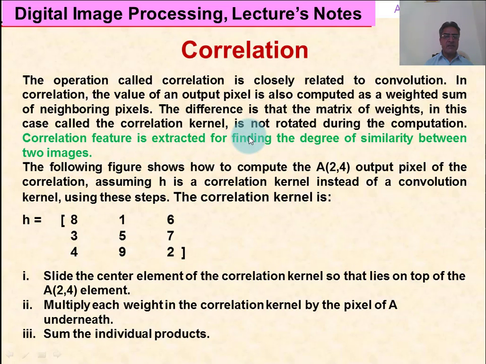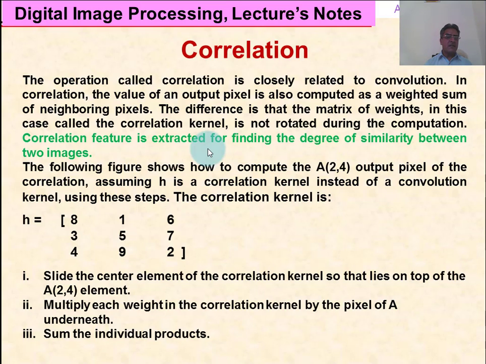Correlation is used for finding the degree of similarity between two images. Convolution is used to blur the image, or to sharpen the image, or to detect edges in the image, or to reduce noise in the image. But correlation is used for finding the degree of similarity between two images, that is, how much the two images are similar to each other.